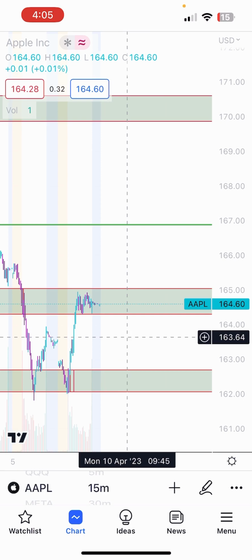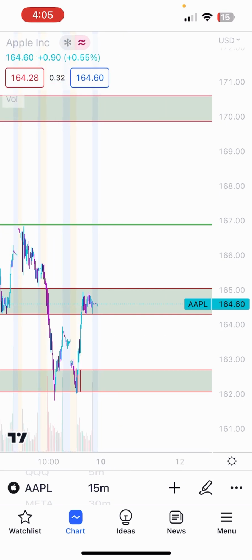So these supply and demand areas are so important, because with them you can predict a little bit. We're just talking about probabilities, guys. You need as many probabilities on your side as you can get.